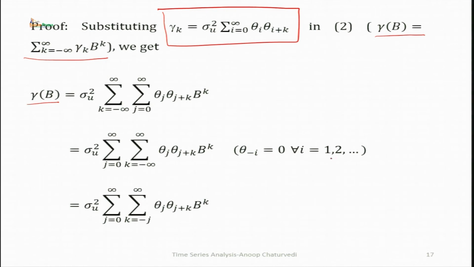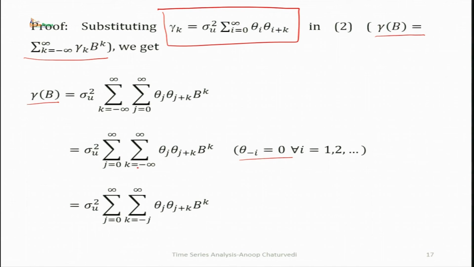So, we take those theta minus i's to be equal to 0, and then you write it as sigma squared u summation j equal to 0 to infinity.